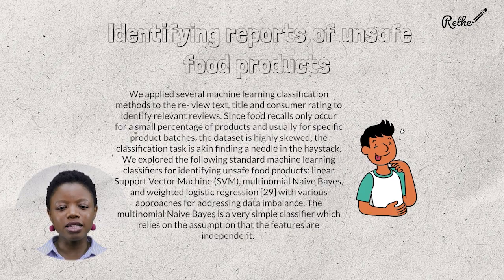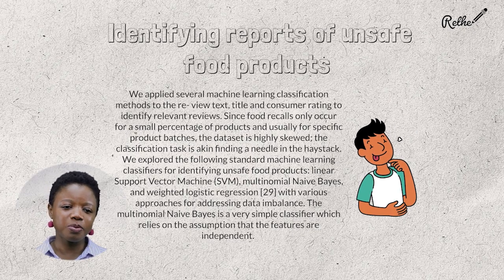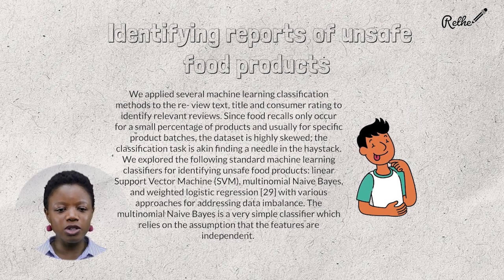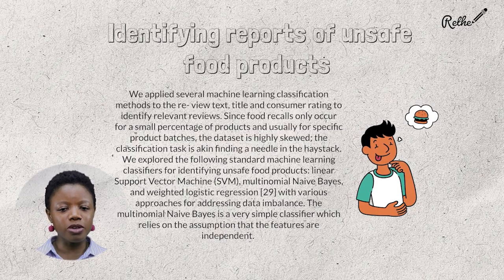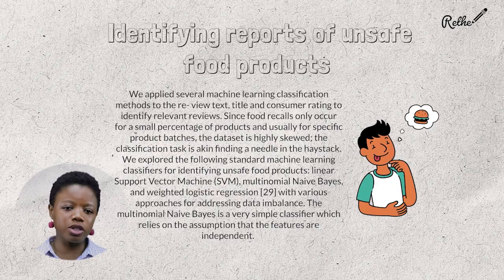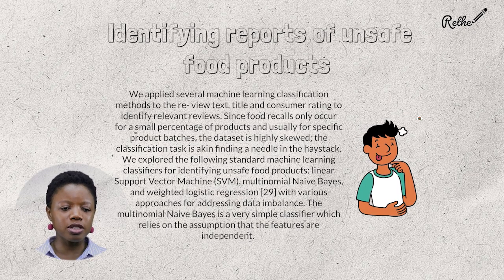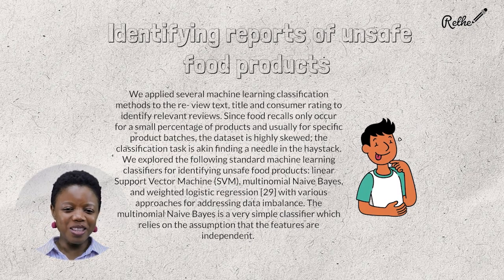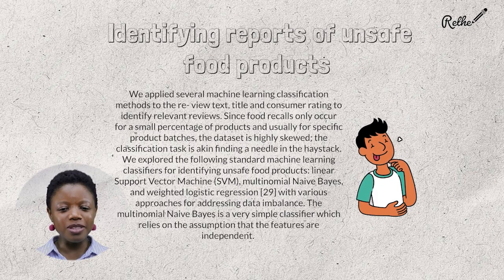The classification task is akin to finding a needle in a haystack. We explored the following standard machine learning classifiers for identifying unsafe food products: linear support vector machine, multinomial naive Bayes, and weighted logistic regression, with various approaches for addressing data imbalance. The multinomial naive Bayes is a very simple classifier which relies on the assumption that the features are independent.